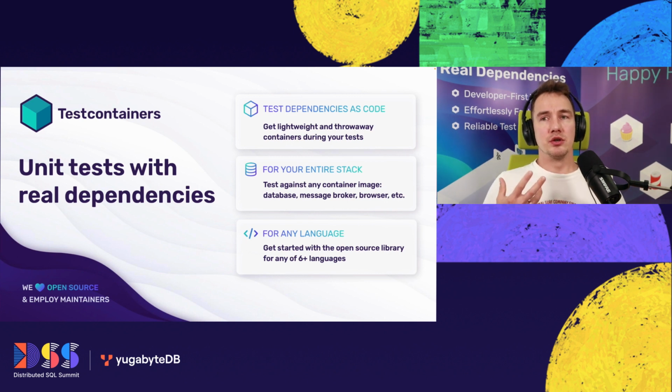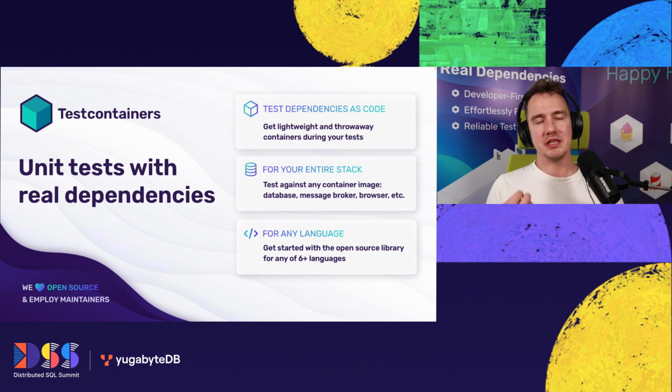Testcontainers gives you the ability to write your tests and run them with real dependencies, with real services. You can put a Yugabyte database in a container. You can manage it as a piece of code from your tests or from your application lifecycle code. And the setup works absolutely brilliantly. Testcontainers is not just for Yugabyte, of course.